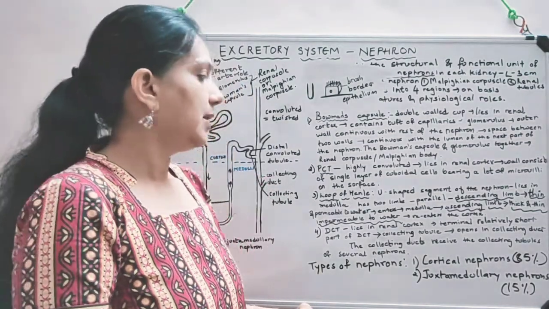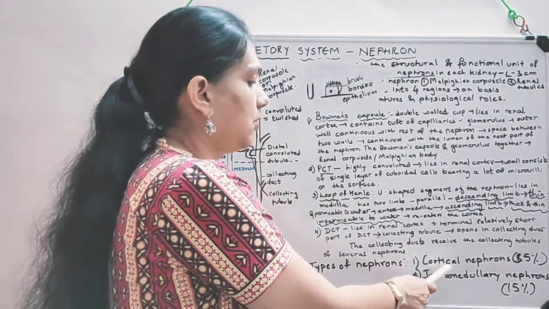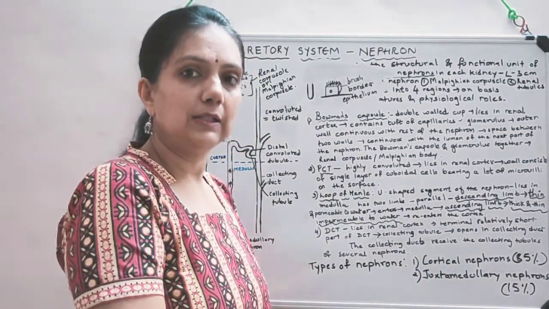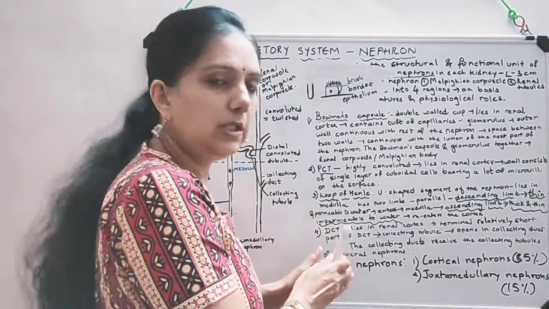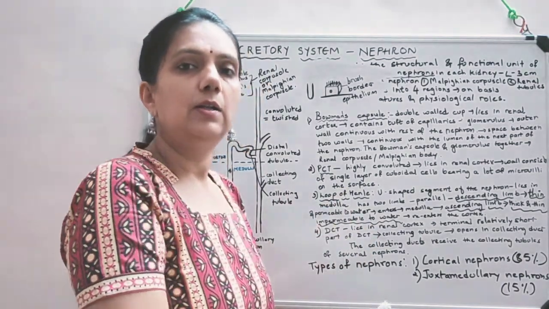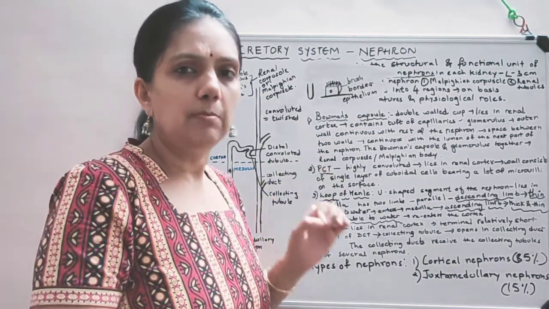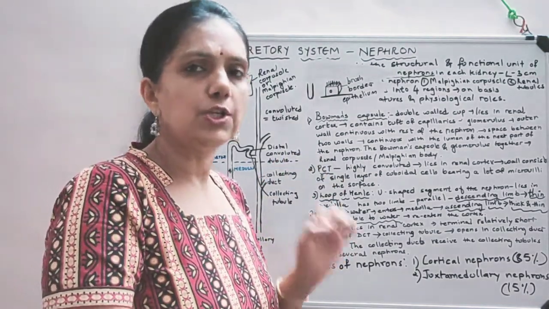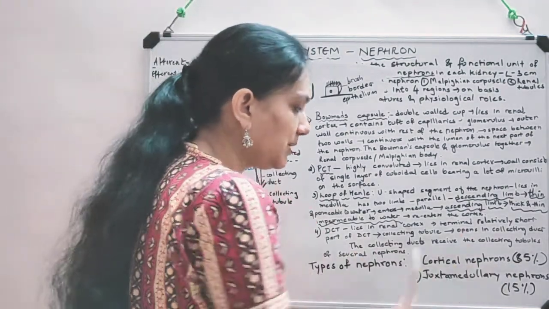In humans, there are two kinds of nephrons. First are the cortical nephrons, the ones of which the major portion is in the cortex, and the loop of Henle enters into the medulla but for a very short distance, and the percentage is 85%.